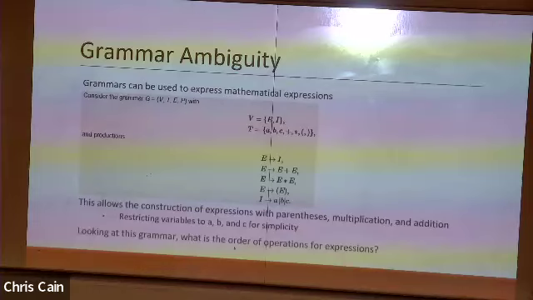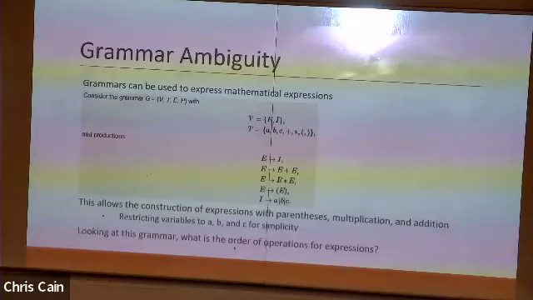So could you perform a sequence of derivations that would do addition before multiplication? Could you do a sequence of derivations that would do multiplication before addition? It seems like it's just the order that you put them in. Yes, that's exactly right. So there is no order of operations in this grammar. Basically, it just matters that we read them from left to right and do the operation that is listed there.